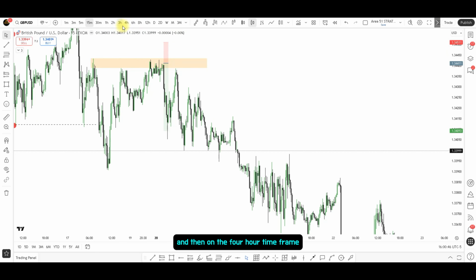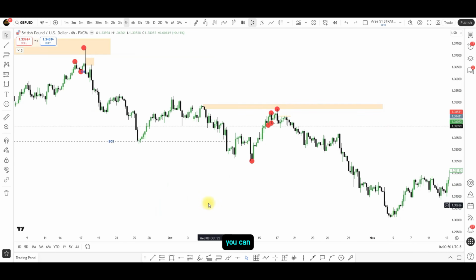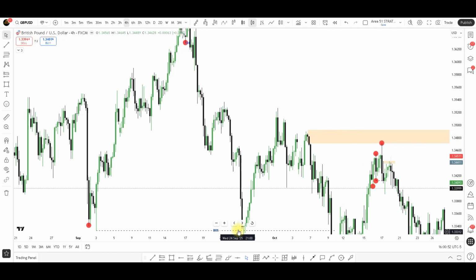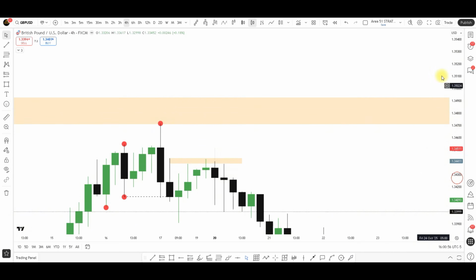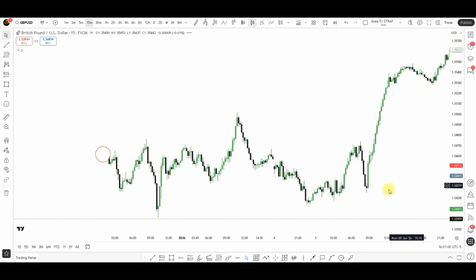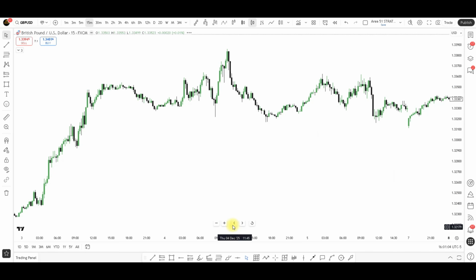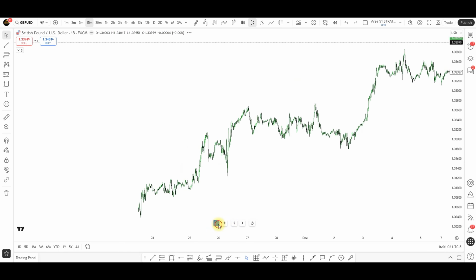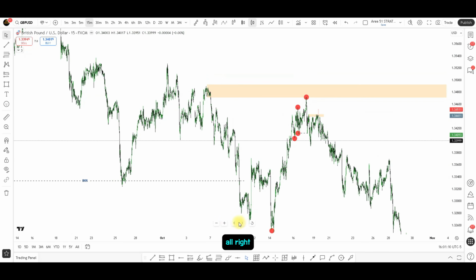And then on the 4-hour time frame, you have two choices. You can let me make the trade thing a little bit wider. All right.